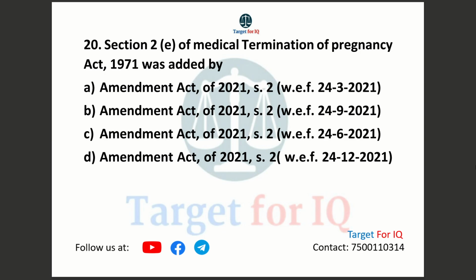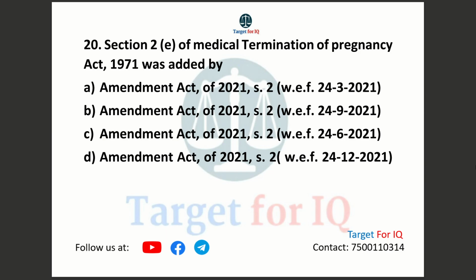Question 20. Section 2E of Medical Termination of Pregnancy Act 1971 was added by A, Amendment Act 2000, Act of 2001, Section 2. The enforcement date is 24/3/2021. Option B, the Amendment Act of 2021, Section 2, with an enforcement date of 24 September 2021.